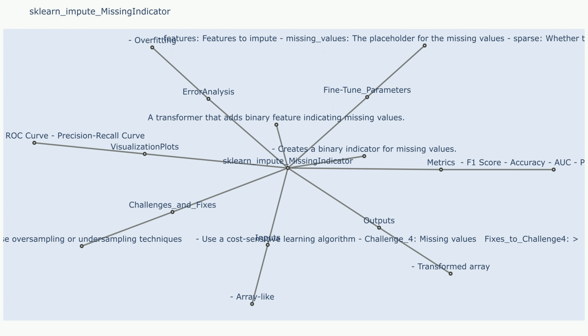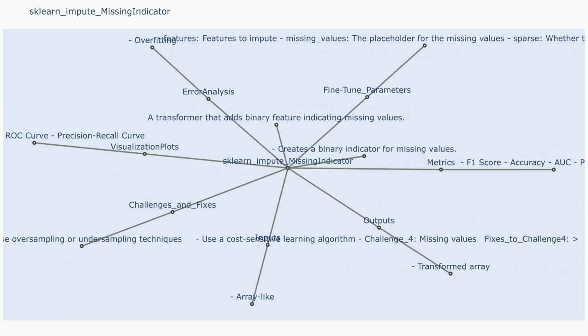Challenges and fixes. Challenge 1: handling datasets with complex missing value patterns. Sample use case that resulted in challenge 1: a dataset with multiple missing values in different combinations across features may lead to challenges in correctly identifying all missing values. Fixes to challenge 1: use a custom missing values parameter to include all possible missing value combinations.